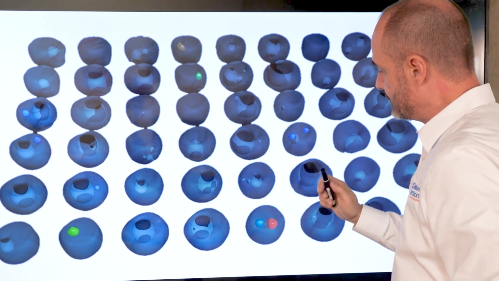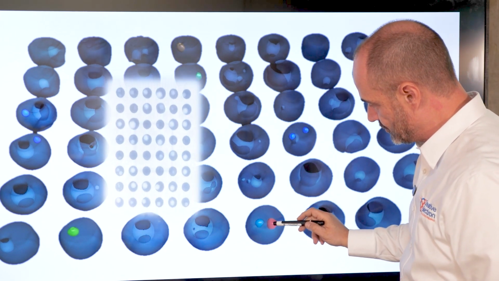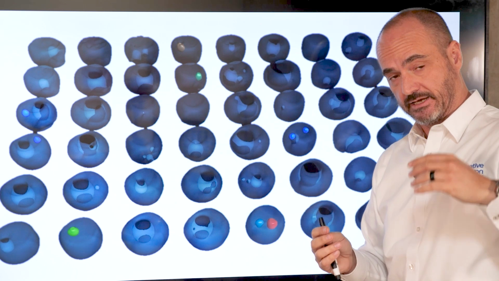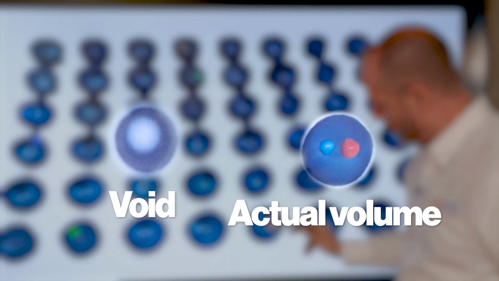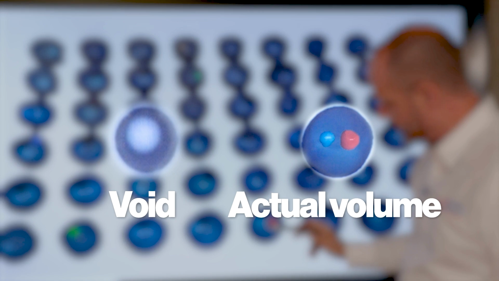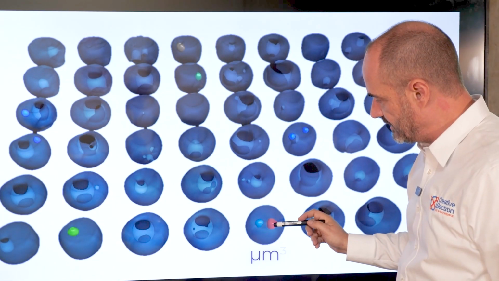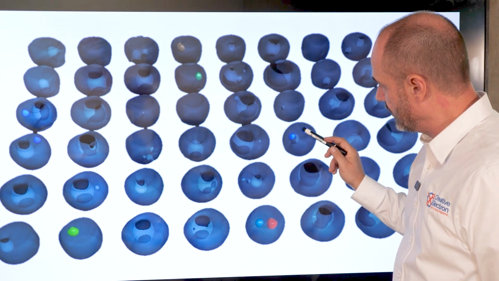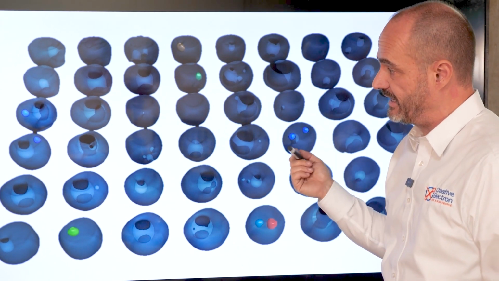And what's pretty cool is now those voids that I showed you before, those voids that showed as a flat object on the previous images, now show as an actual volume. You can actually calculate in cubic micrometers the volume of each one of these voids, and you can pass-fail based on that.